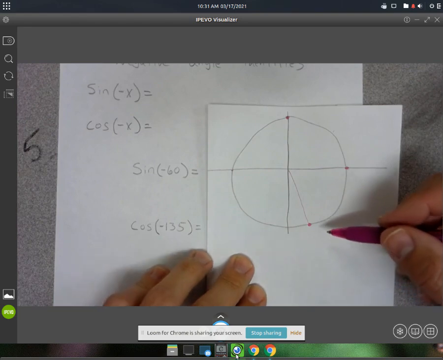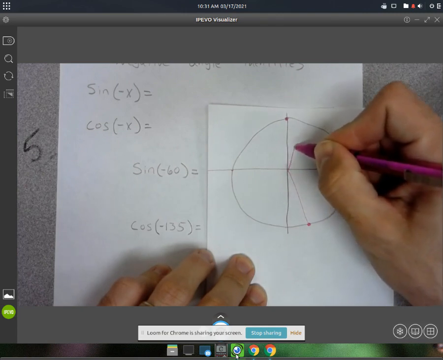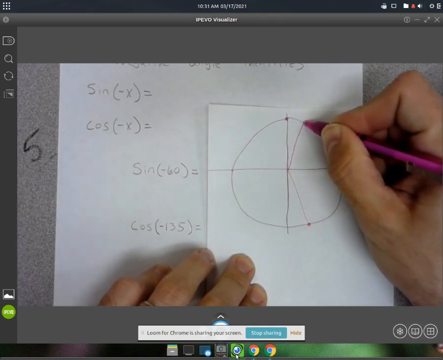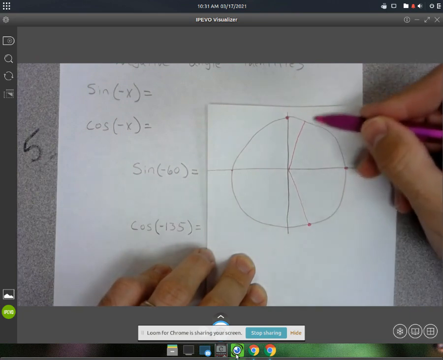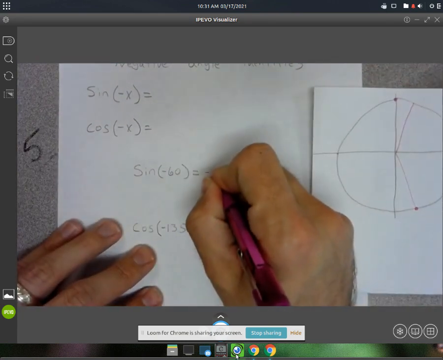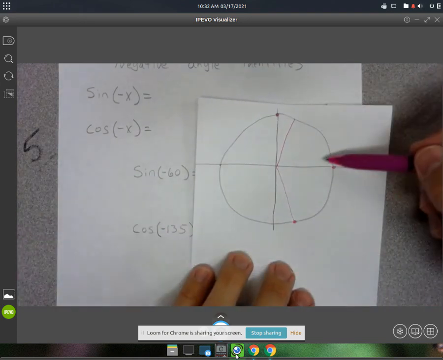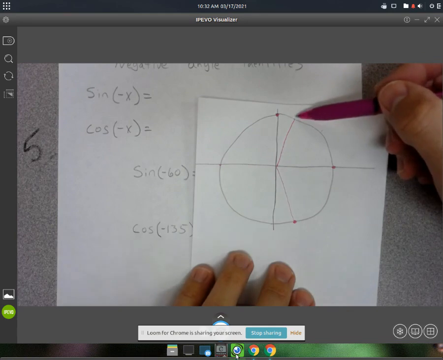Now, if I were to have rotated upwards instead, if I were to have rotated positive 60, I would have gotten positive root 3 over 2. So here I got negative root 3 over 2, but if I were to have rotated the other way, I would have gotten positive.